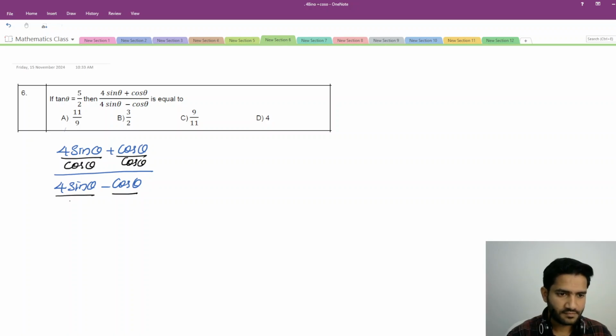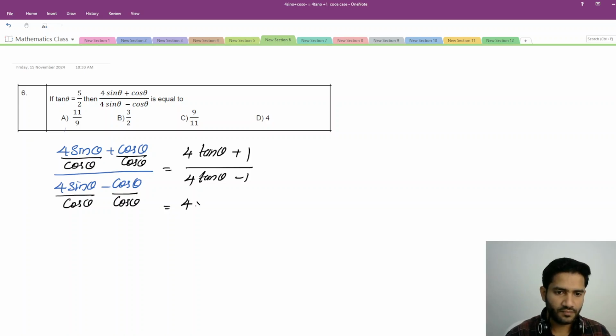Tan theta is given, that's why we are dividing with cos theta. So sine by cos is tan theta, and cos by cos is 1. So we get 4 tan theta plus 1 by 4 tan theta minus 1. Tan theta is given 5 by 2, so 4 into 5 by 2 plus 1 divided by 4 into 5 by 2 minus 1.